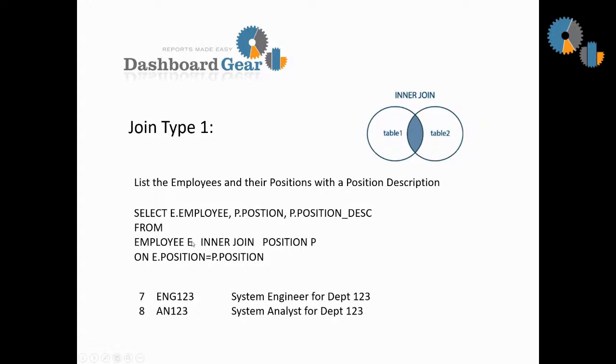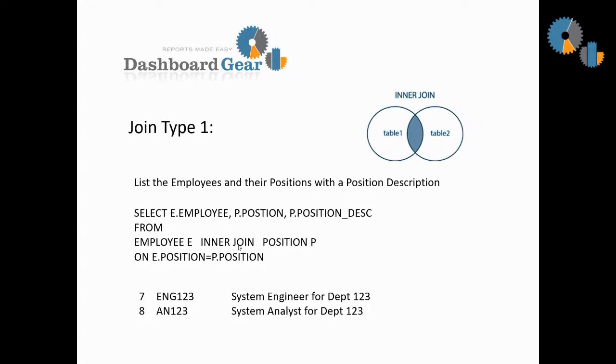Then we get down to the key part of really what we're talking about today, and that is a join. Now, this first join type is called an inner join. And so what you do is you type the words inner join between the tables that you're selecting. So employee E inner join position P means I'm doing an inner join. It's giving me all employees and their positions. And then you have to tell it, how do you relate those two tables?